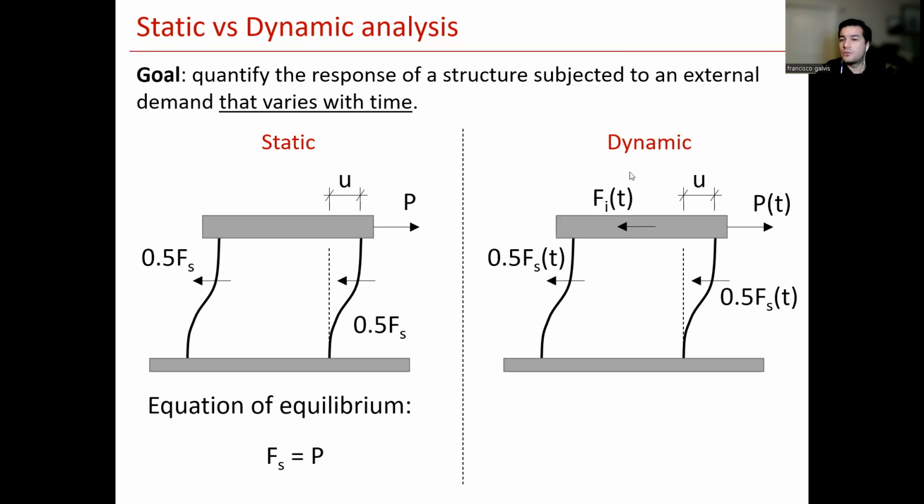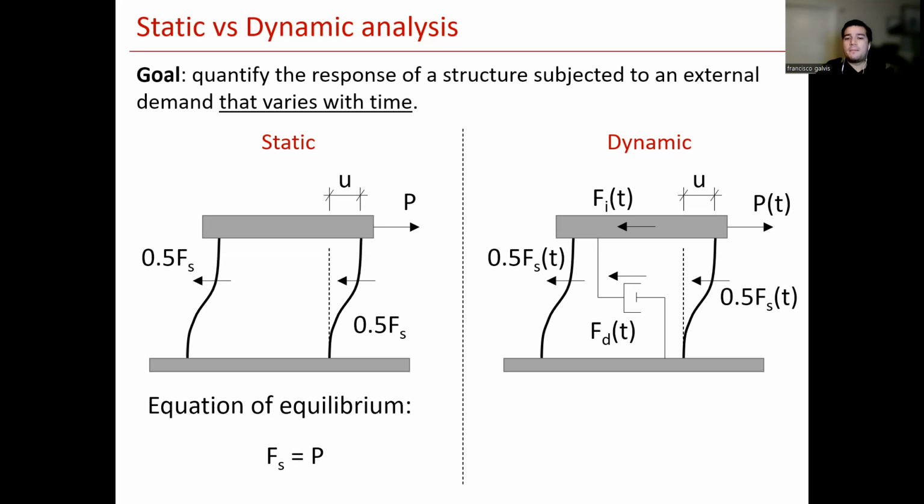You get an inertial term that pops up because of the nature of time changing of the external force, and you also have a damping component, right? Because when the external force is removed, those vibrations eventually stop.